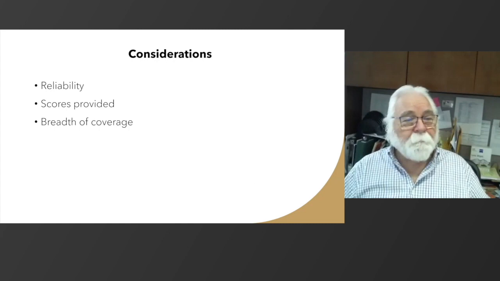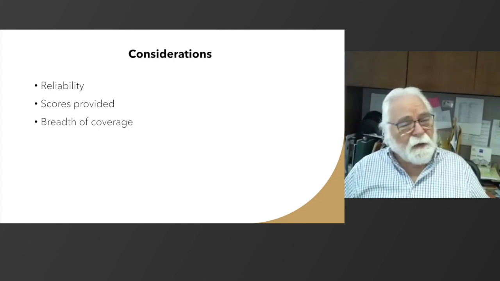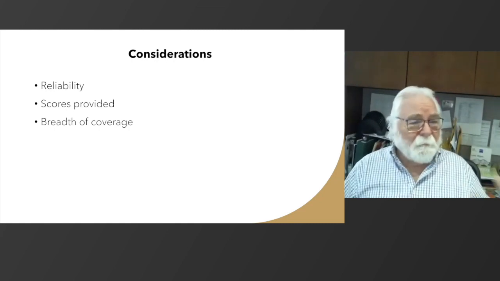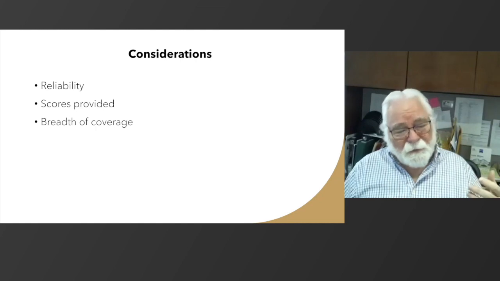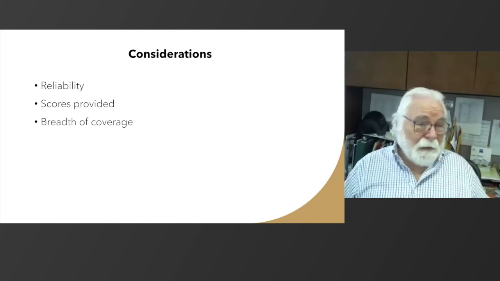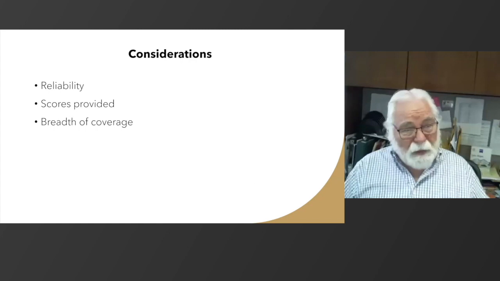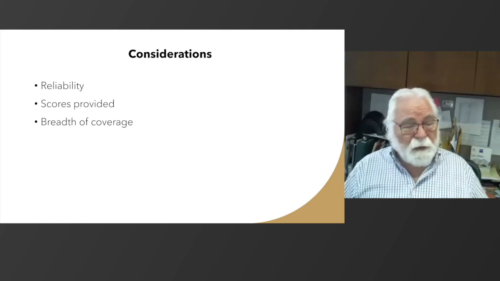Okay. Some considerations for the adaptive measures: reliability. We want to make sure that we can hang our hat on the scores provided. We want standard scores, and not just developmental scores.